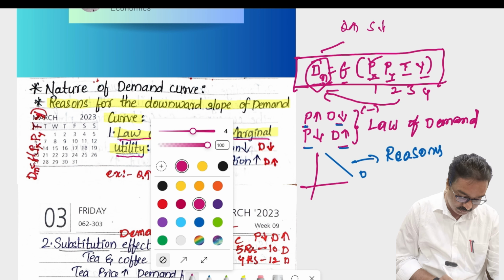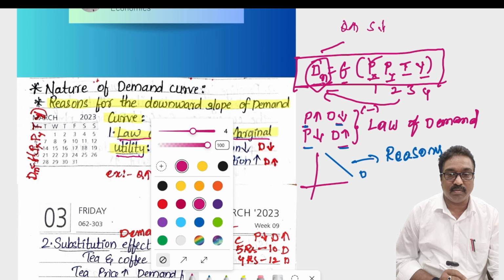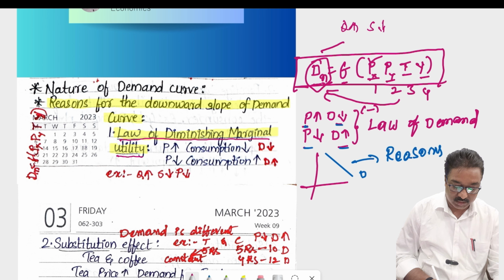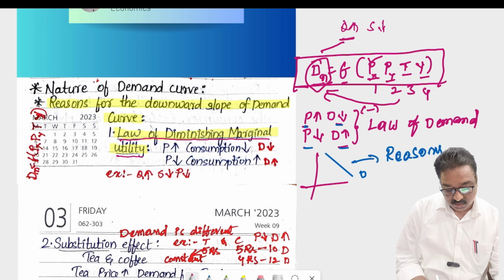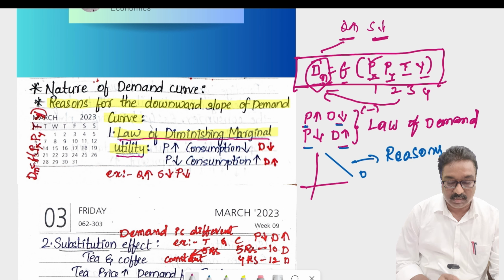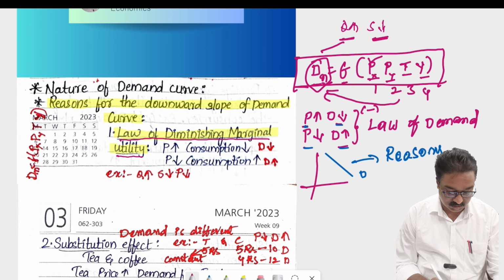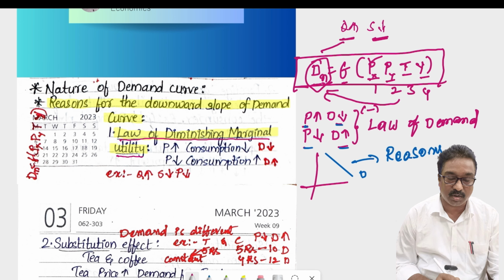That is called the law of diminishing marginal utility theory. So there is a negative relationship here: as quantity increases, satisfaction level also decreases. That's why the demand curve also goes downwards from left to right. This is the first reason for the downward sloping of the demand curve.